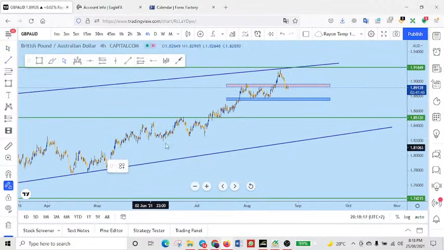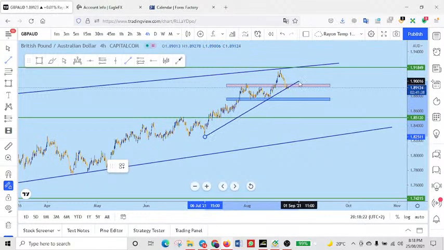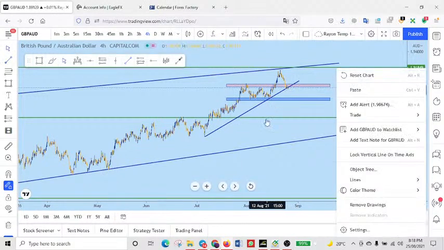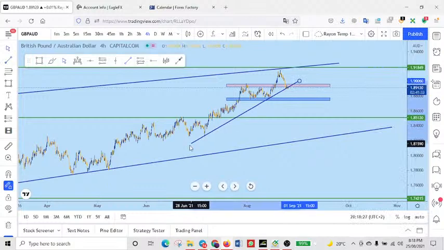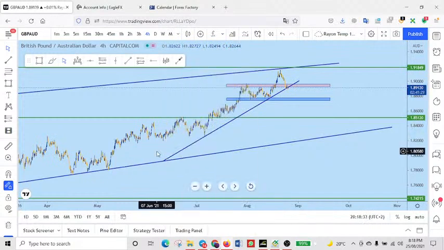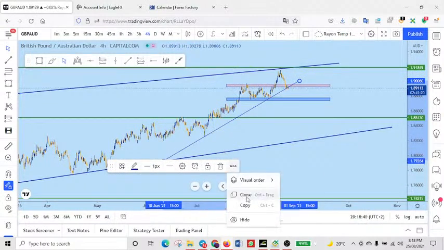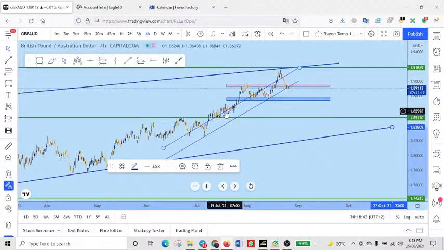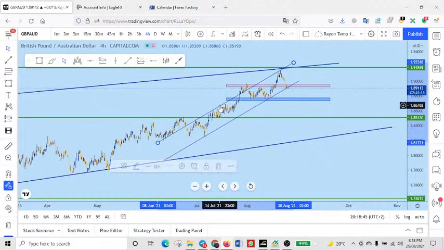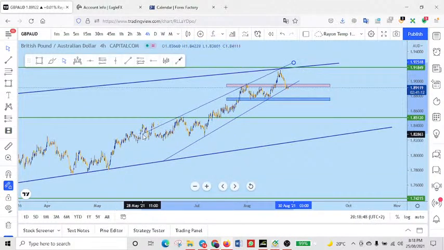Let's do this on the 4-hour time frame. Look at this. I'm taking this trade from here, right?